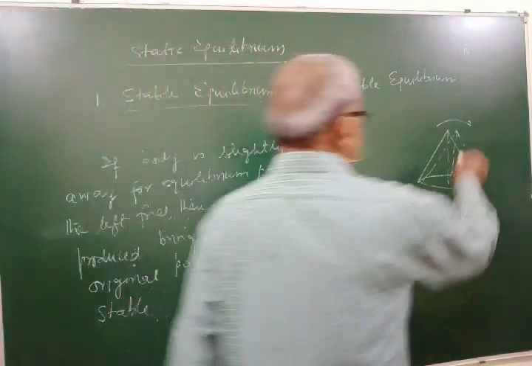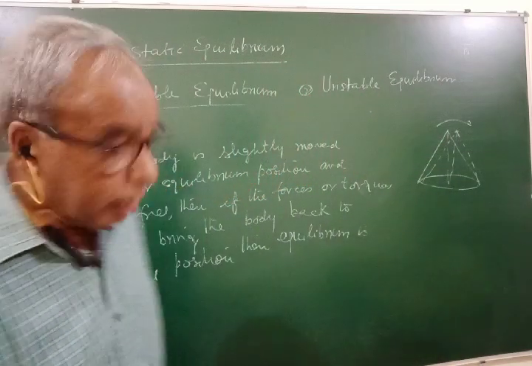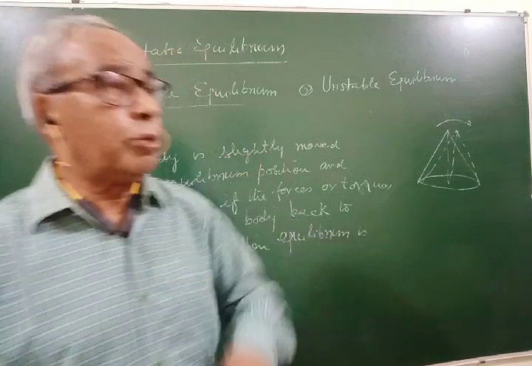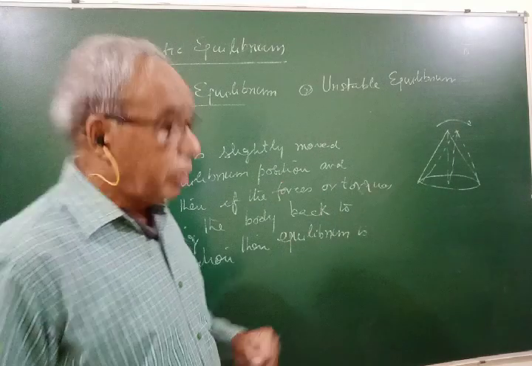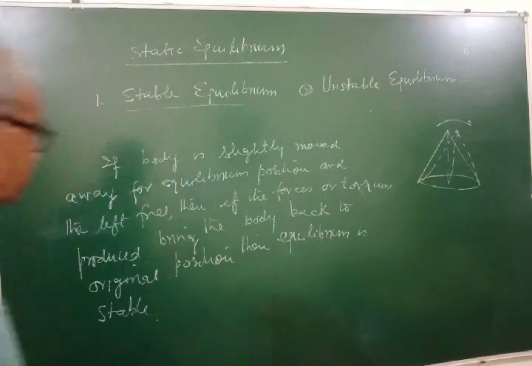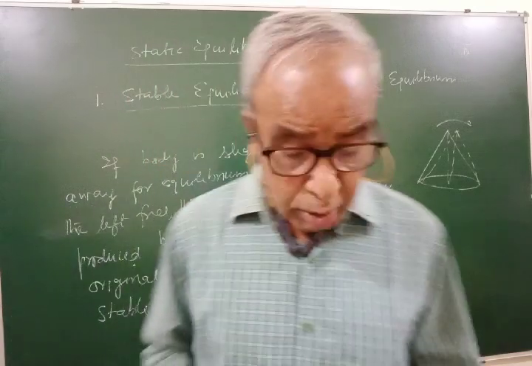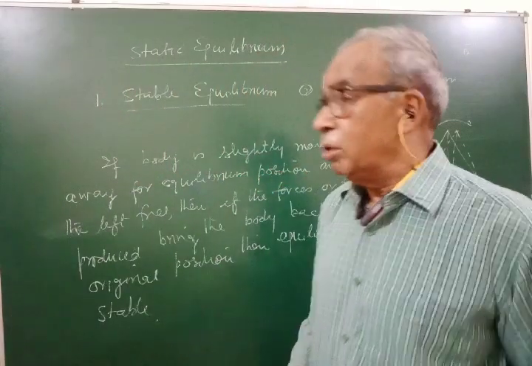The force and torque will be produced to bring it back. And if the torque and force produced do not bring it back, it is unstable equilibrium. You can write it yourself or see the book, but please be sure about stable and unstable equilibrium.